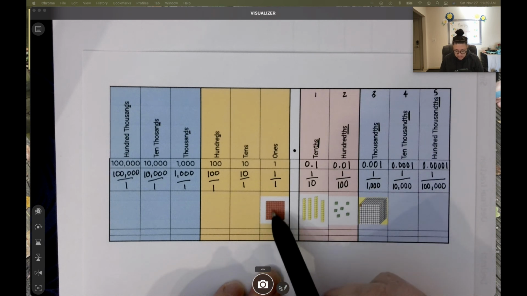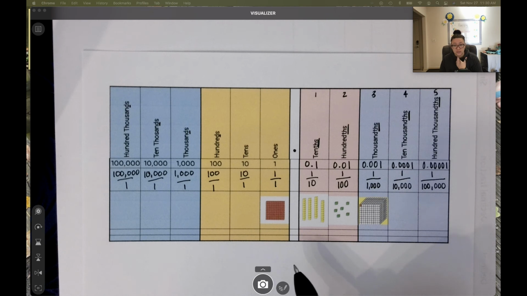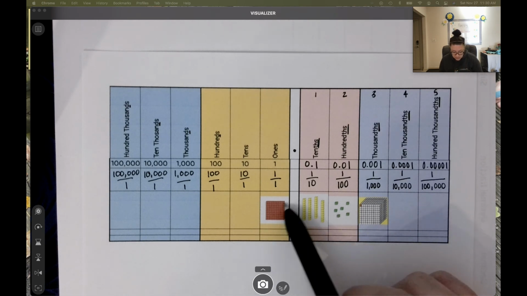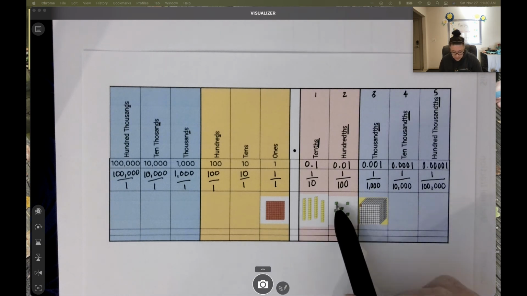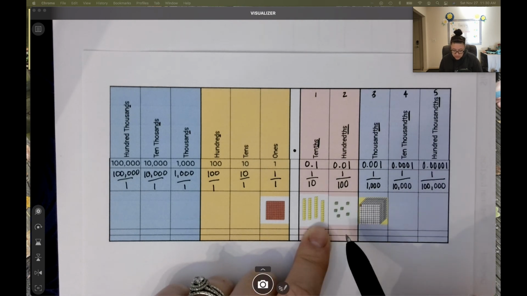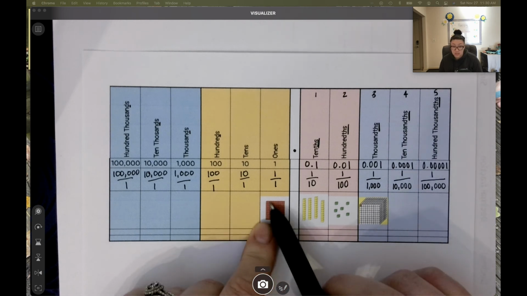And you'll see here there are 10 tenths that make up one whole. 10 of these rods would equal 1. And in this 1 and in these tenths, they each have smaller boxes. Each of those smaller boxes is a hundredth. So I would need 10 hundredths to make 1/10. I would need 100 hundredths to make one whole.